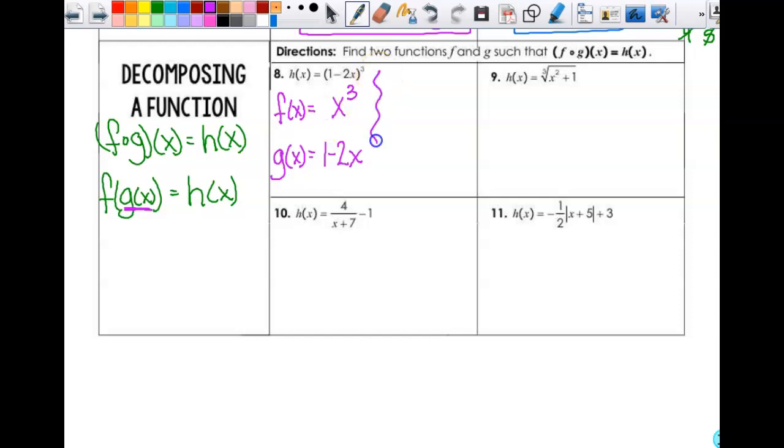Another option, say I have f of x that I'm looking for, and g of x. Let's say I said g of x is 2x. Then what do you think f of x would be?